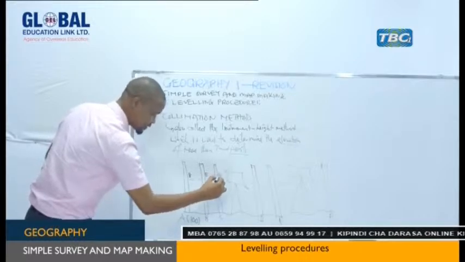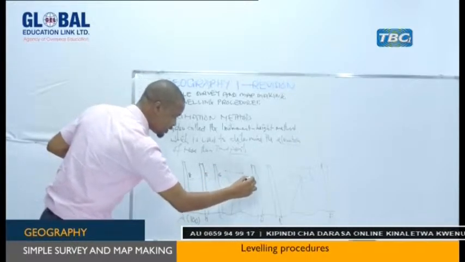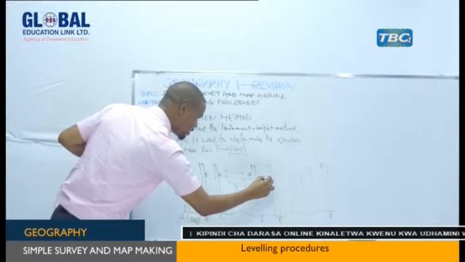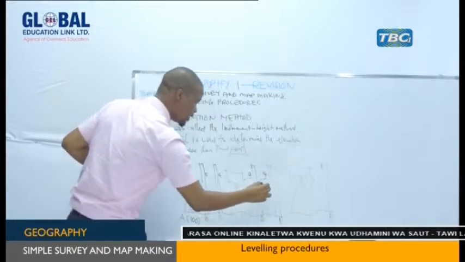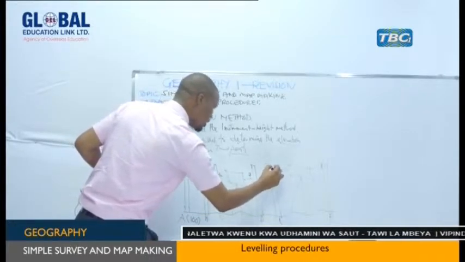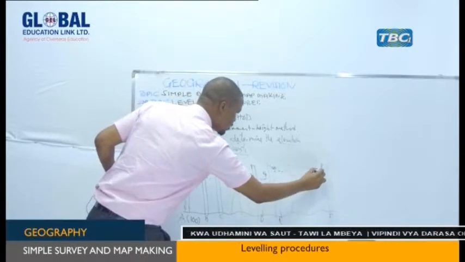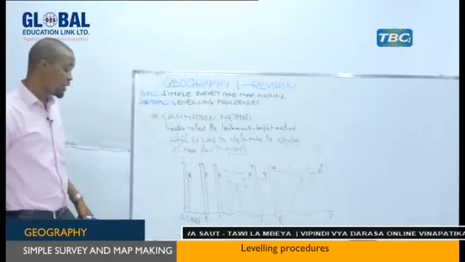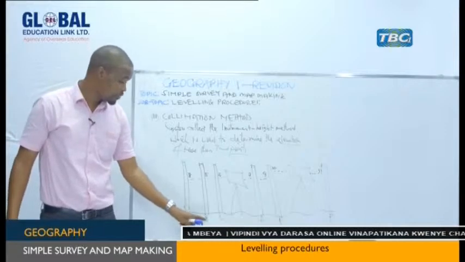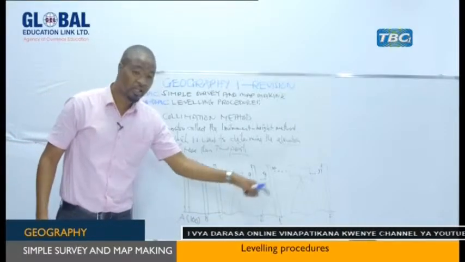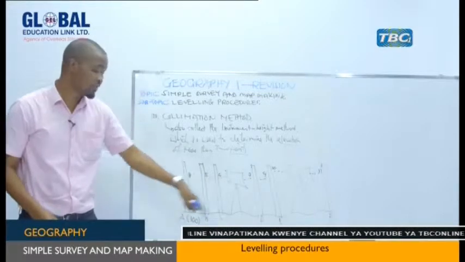Let's say here it is 6. Let's say they have 7, maybe 9, maybe 10, and 11. Then they want you to determine the elevation of points B, C, D, E, and F. How are we going to know the elevation of these legs?